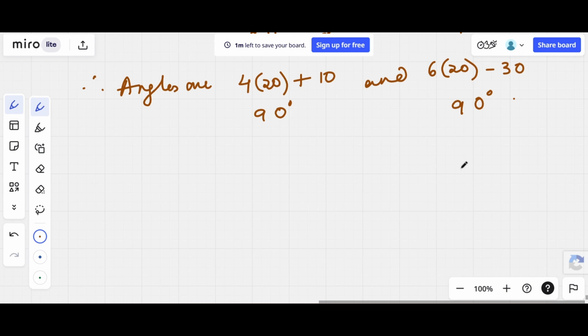A couple of questions are construction. Tomorrow, please keep your geometry box ready, okay? So that we can apply our first theorem and do the questions.